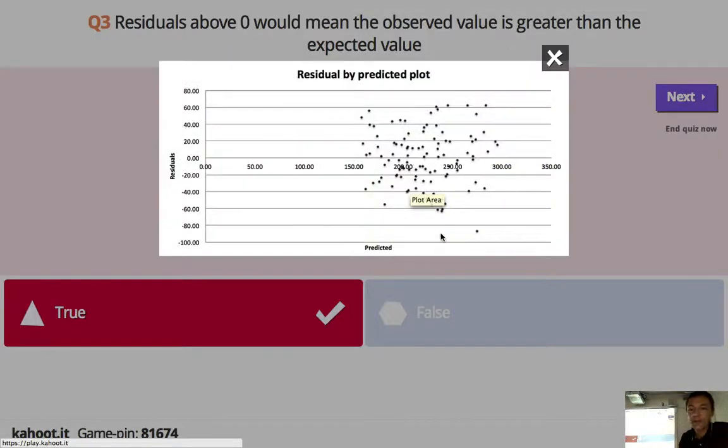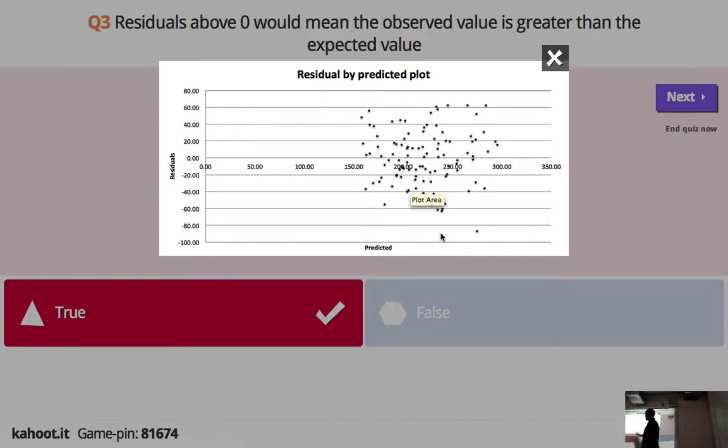So in the residual plot here, the question was: residuals above 0 would mean that the observed value is greater than the expected value. And since that is how we calculate the residuals, then this must be true. So actually all the values above this line here, this is still the case with the houses.